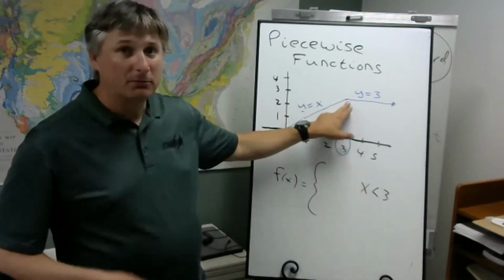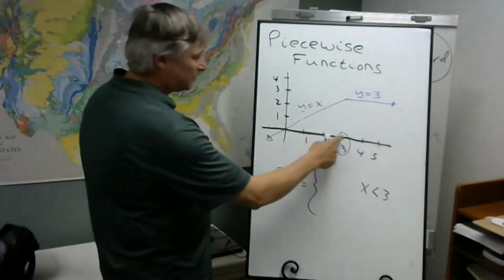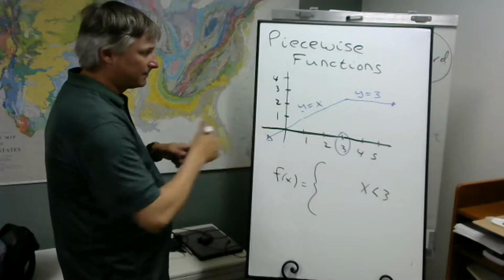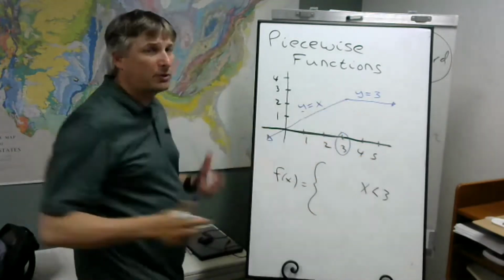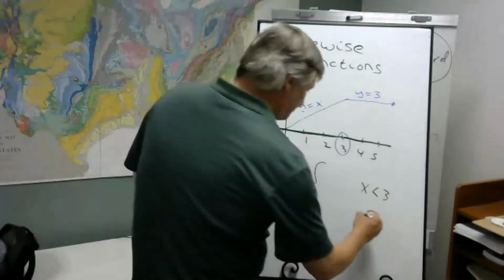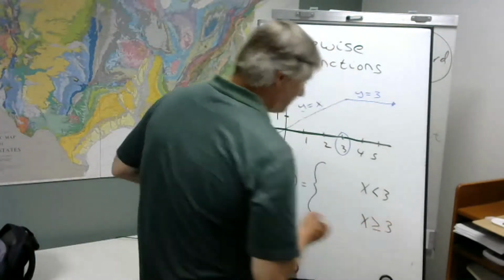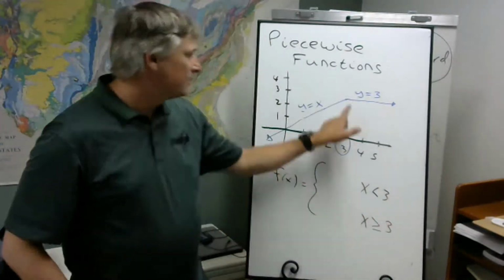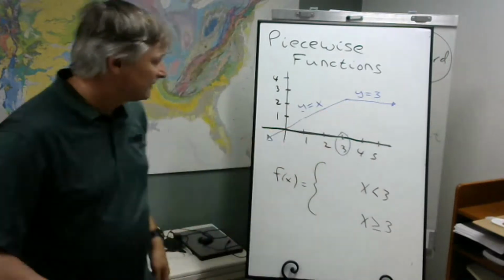When it starts up again, we're going to use the equal to inequality. So this interval here is less than 3. And then this interval here, there's no hole, so we do need to include 3. X greater than or equal to 3. It would just be greater than 3 if there was a hole here, but there's no hole here.